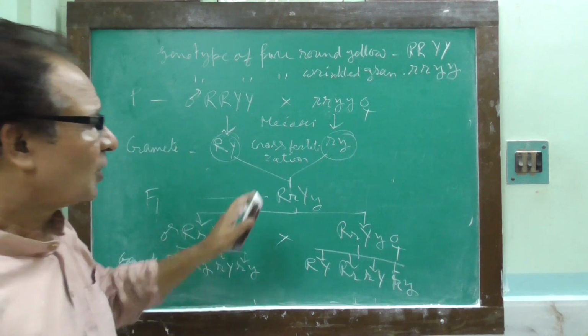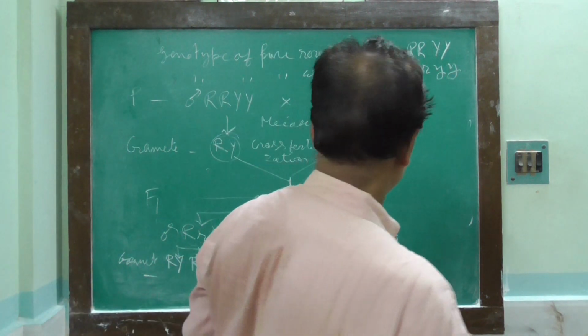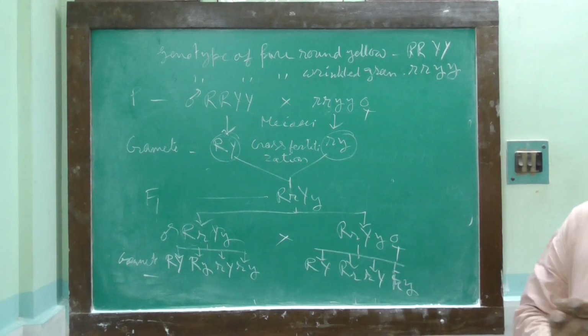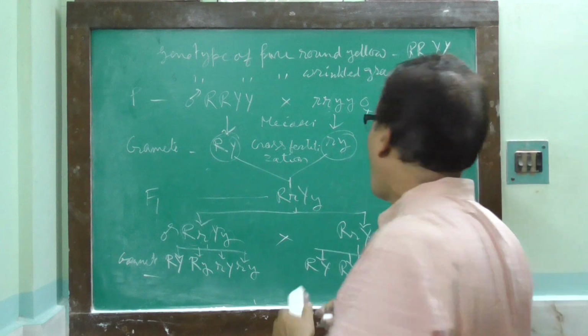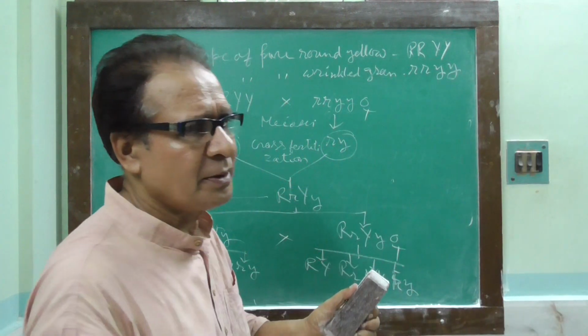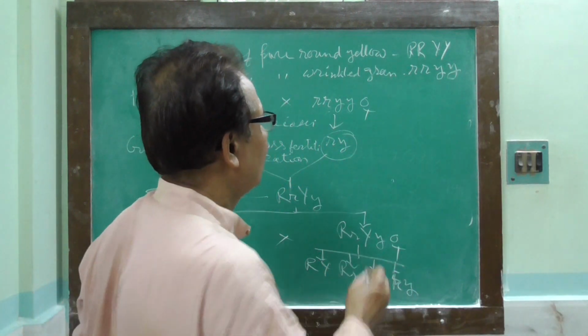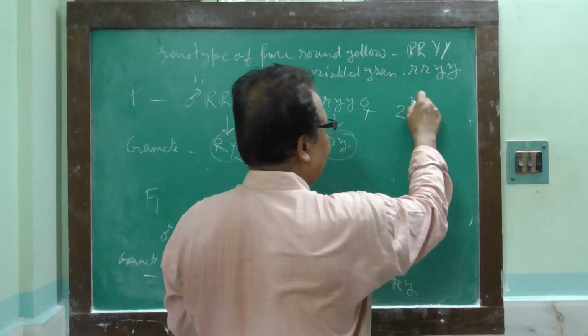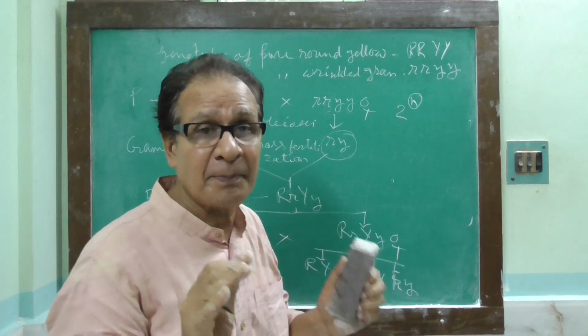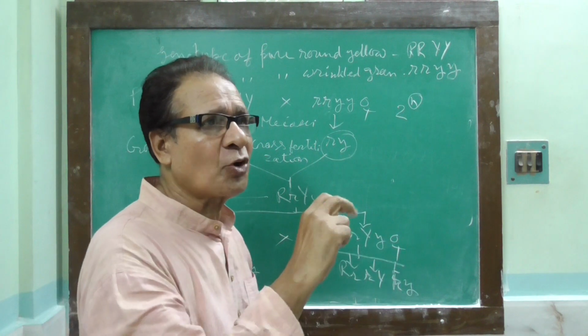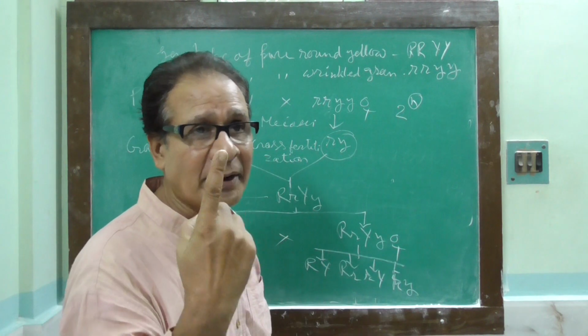Now you follow the gamete formation. During gamete formation, there is a formula for how many types of gametes will be formed. It is 2 to the power n, where n is the number of contrasting pairs. In a monohybrid cross, the number of contrasting pairs is 1.